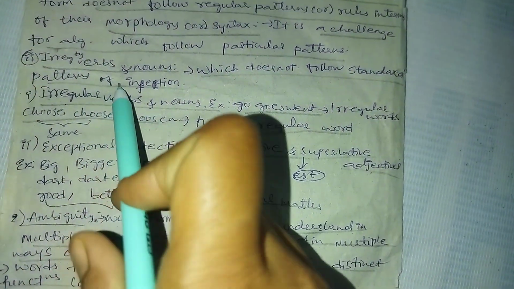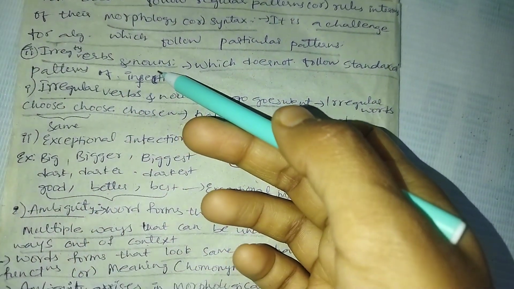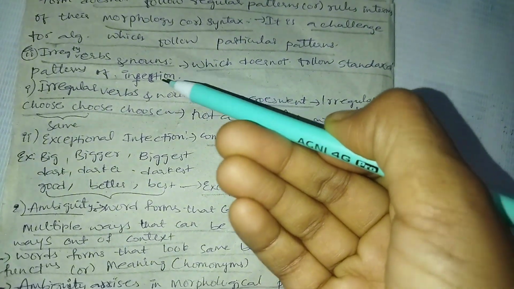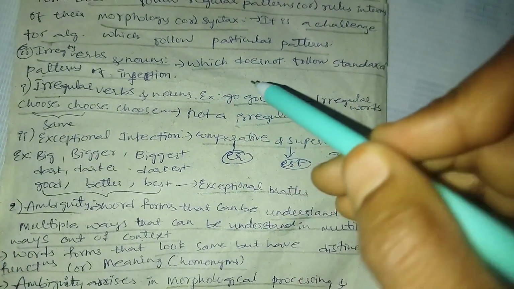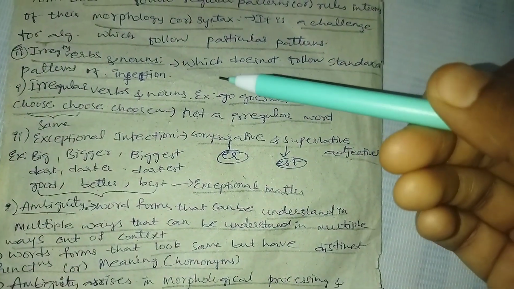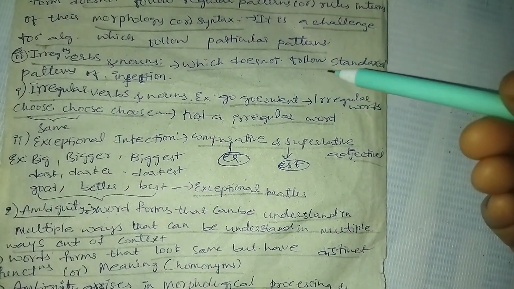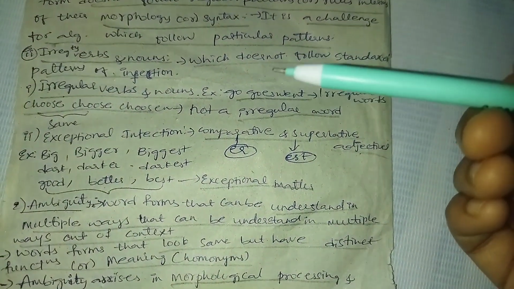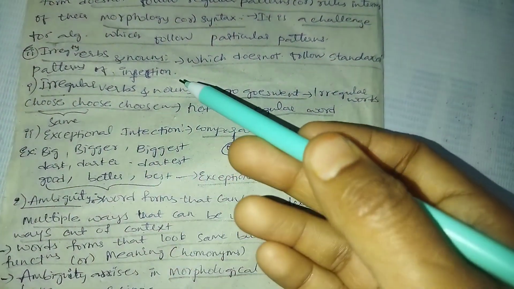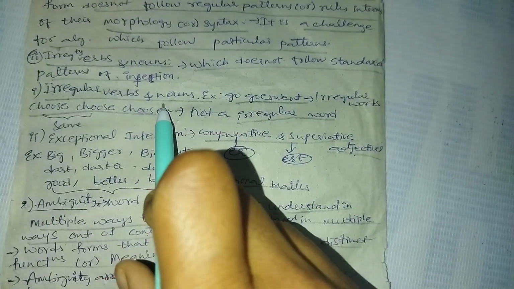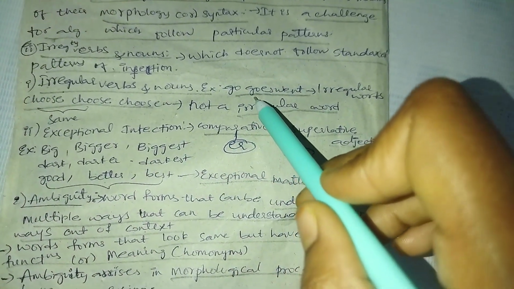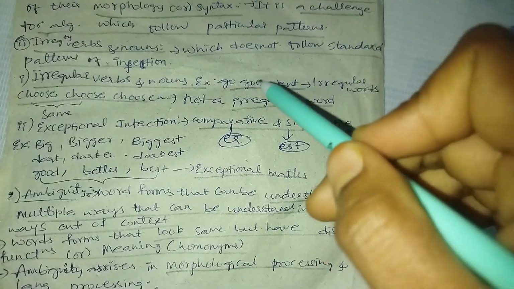This is an example of irregularity: irregularity in verbs and nouns. We have two subconcepts, which do not follow the standard pattern or rule of inflection. Inflection is the rule. Irregular verbs and nouns are like go, goes, went. These are irregular words.